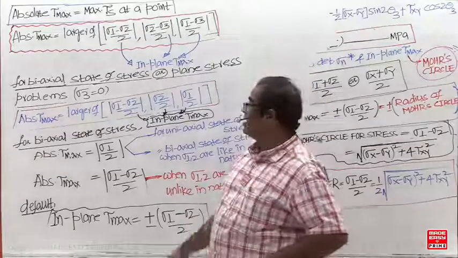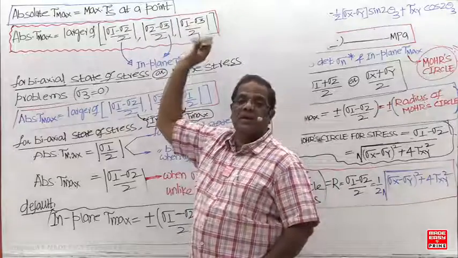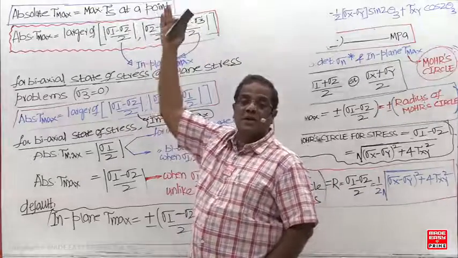In some old engineering service papers, the three principal stresses, sigma 1, sigma 2, sigma 3, are given, and you have to find the maximum shear stress, the absolute tau max.